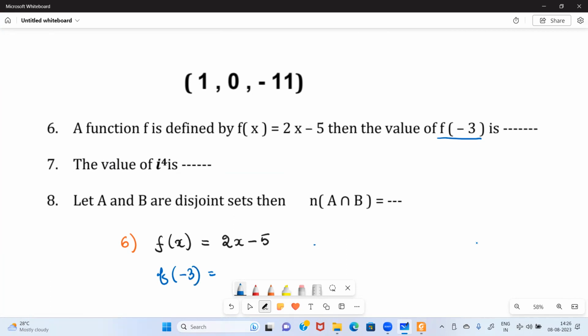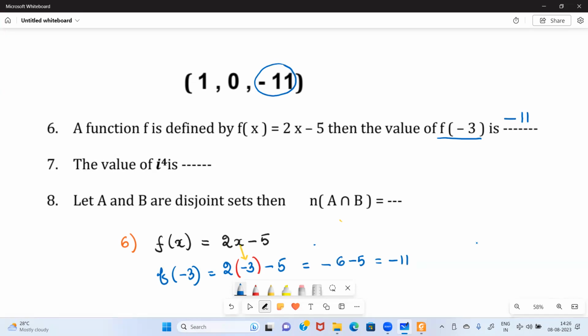In this equation, wherever x is there, we will now substitute minus 3. So what happens, students? 2 into minus 3 minus 5, correct? Wherever x was there, I have substituted minus 3, correct? So 2 into minus 3 is minus 6. Minus 6 minus 5 is minus 11. Therefore, the answer is minus 11.